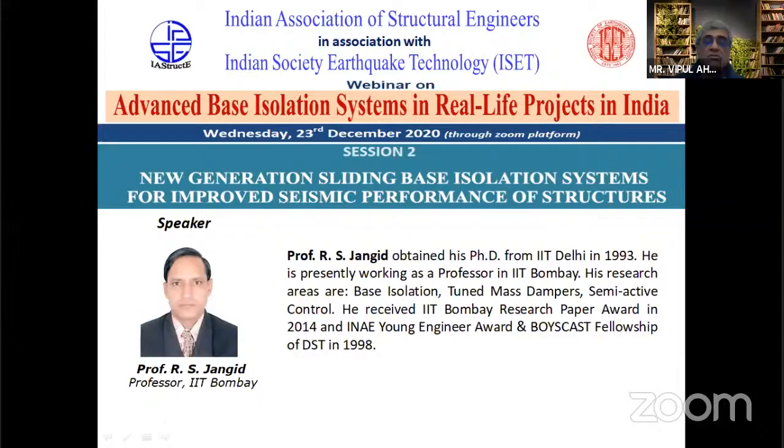His recent research contribution includes the base isolation of near fault motion and its application to bridges and tanks, multiple tuned mass dampers for vibration control and active control of torsionally coupled structures. He received Young Engineer Award of Indian National Academy of Engineering in 1998 for significant contribution towards research in the area of earthquake engineering.